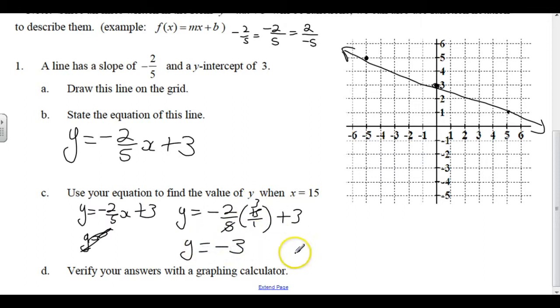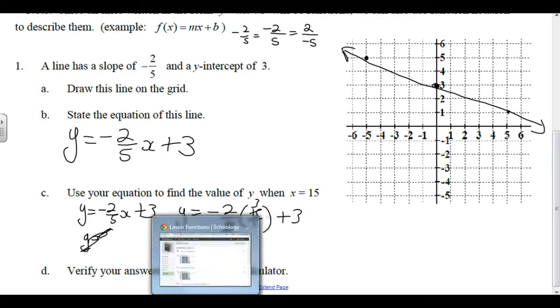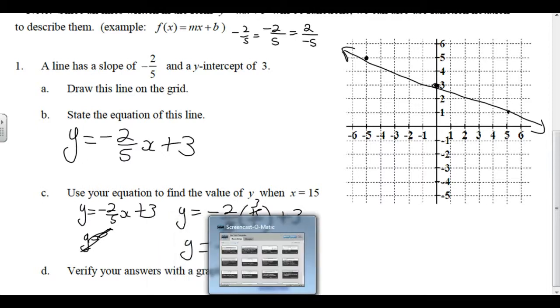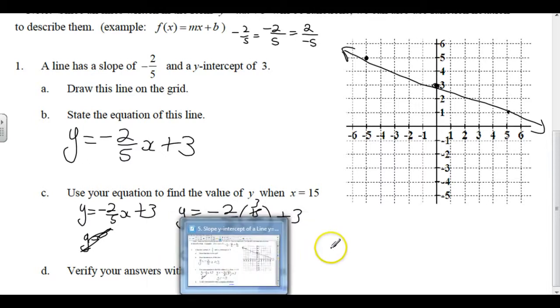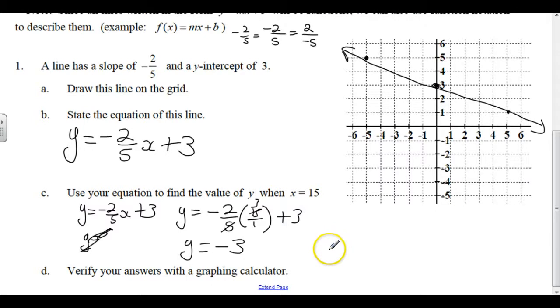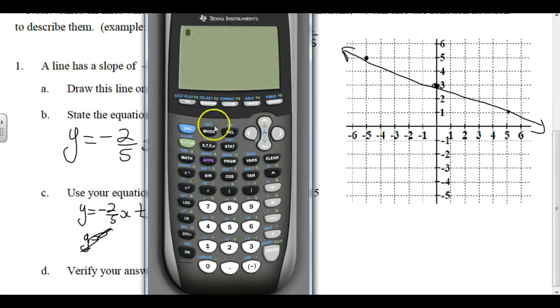Verify your answers with a graphing calculator. I must have put away the graphing calculator. Hang on, I'll be back. Okay, so let's set the window to match this, negative 6 to 6 by 1s, and y values go from negative 5 to 6.